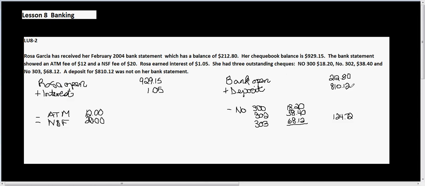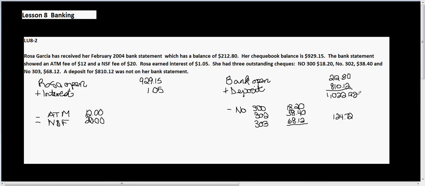All right, so now we've dealt with all of the information here. Let's add things up and see what we get. This deposit is added to the opening balance, so that means we now have $1,022.92.